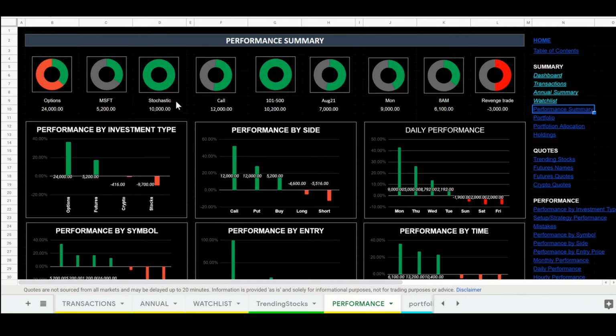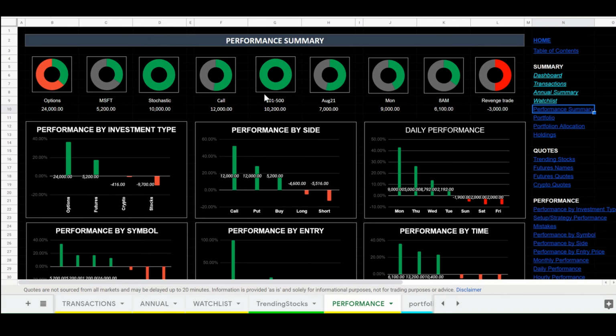And what strategy was working? Stochastic in this case, and your side was call. And what trade price? $101 to $500, and that was your profit at the bottom. And then best month, best day, best time, and what was your worst enemy or your biggest mistake? It was revenge trading in this case.